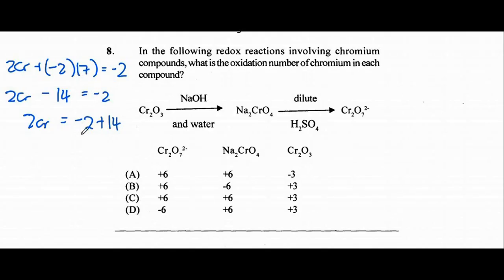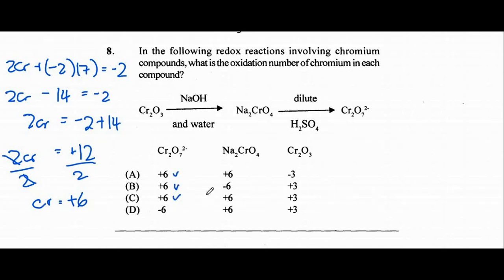Now -2 plus 14, seeing that 14 is larger, you subtract the numbers, so you'd have plus 12 is equal to 2Cr. You want to find Cr, so divide both sides by 2. You'd have Cr being equal to plus 6. So the answers are either A, B, or C so far.